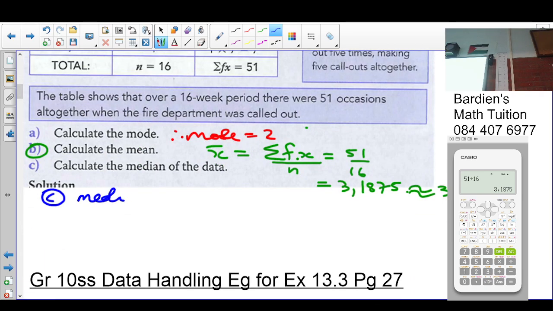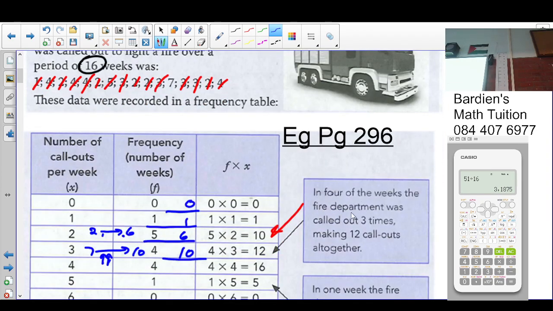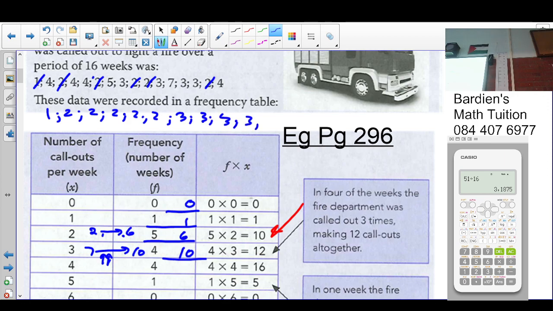I'll show you that I'm correct. How do we normally calculate the median? We show those numbers first. We write them in ascending order. So there's no zeros. There's a 1, yes. There's how many twos? 2, 3, 4, 5 twos. There's 4 threes, 1, 2, 3, 4. 4 fours, 1, 2, 3, 4.